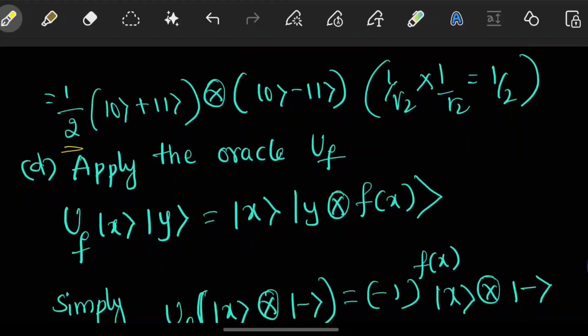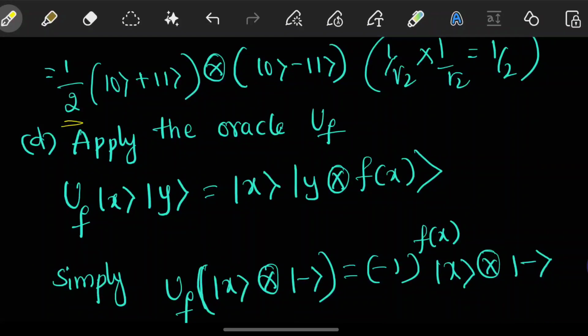Now, moving on to the oracle box. The oracle box is like a magic box in the quantum version. We don't know its internal logic, but we know how it acts on inputs.